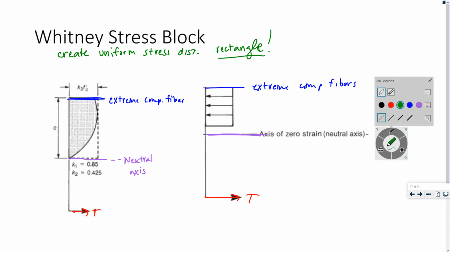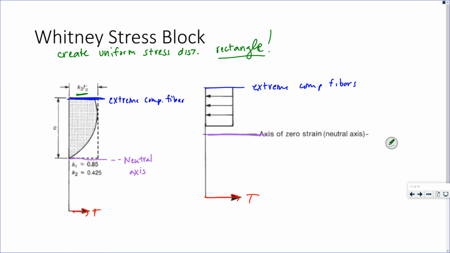The value of the stress, this is K3 f'c, from experimental data over a period of time. Now we're going to assume that the magnitude of your stress is 0.85 f'c.